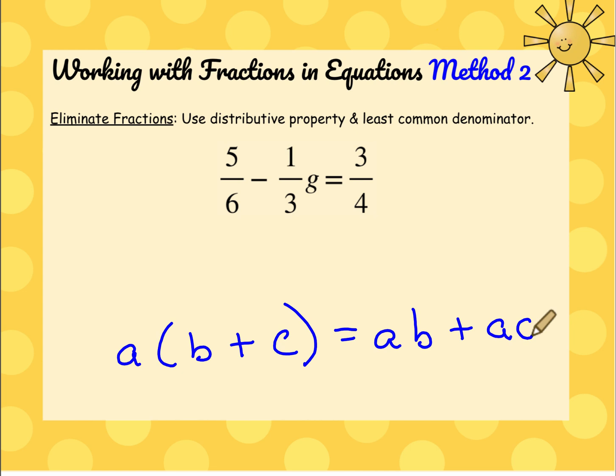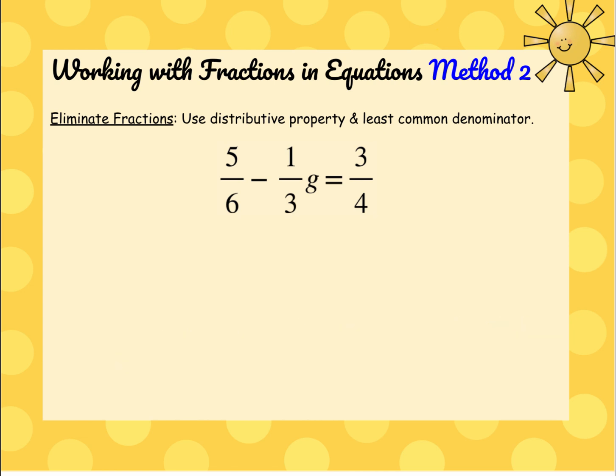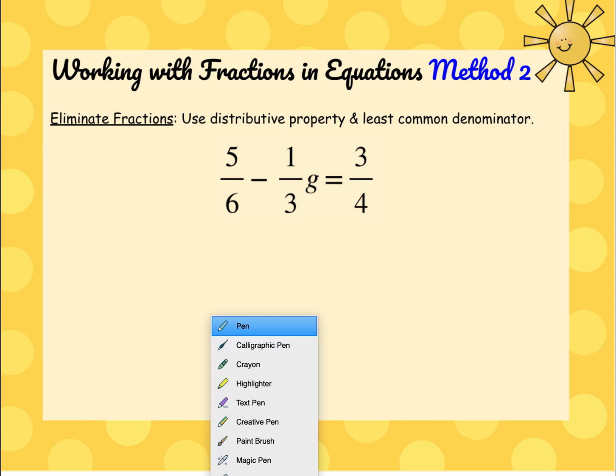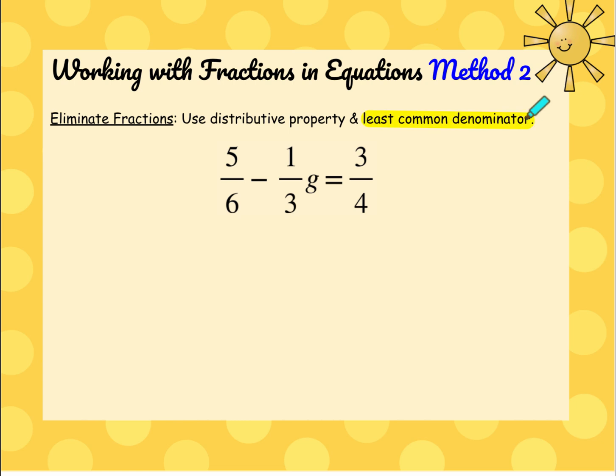So when we're going to use the distributive property to get rid of fractions, the first thing we have to do is look for common denominators. So our denominators are 6, 3, and 4.